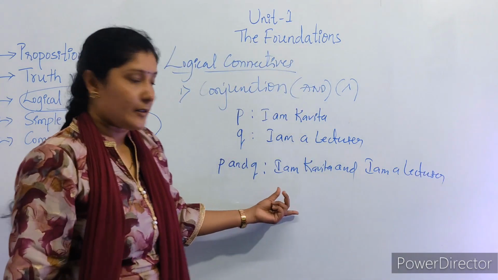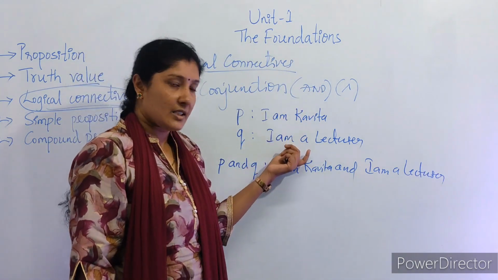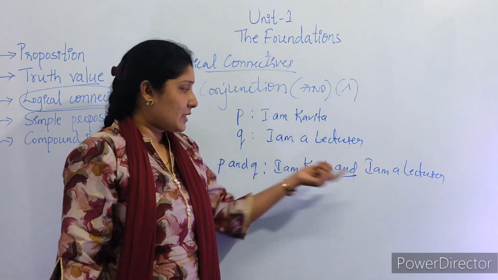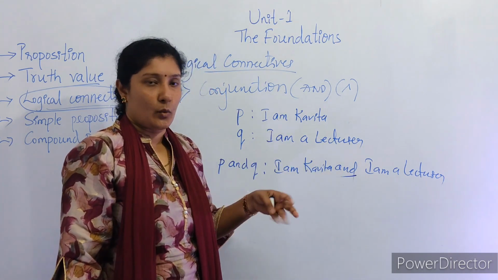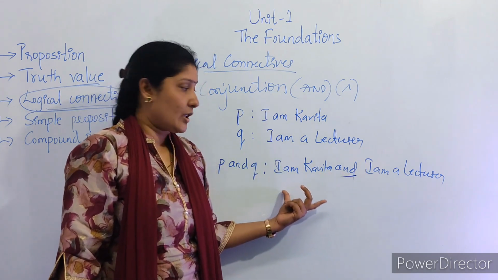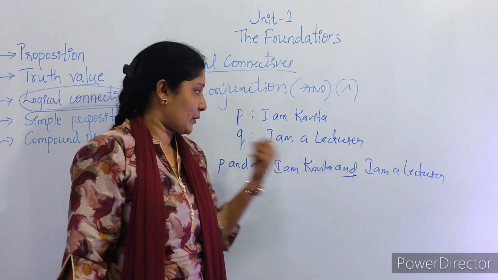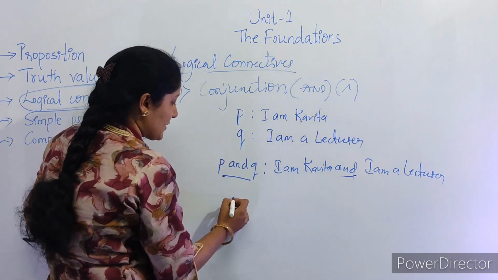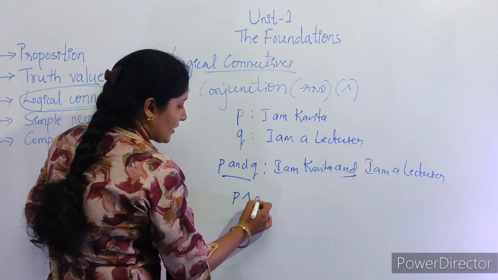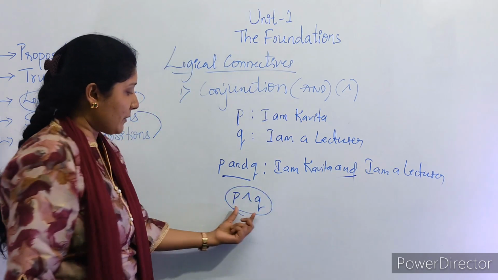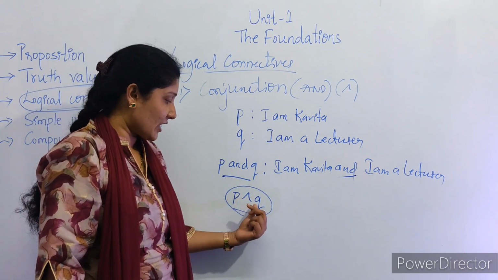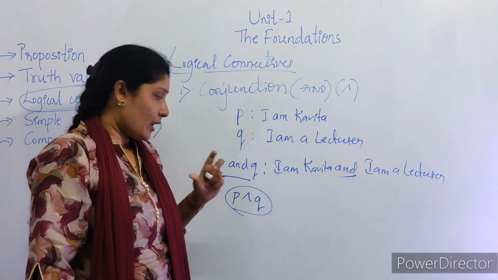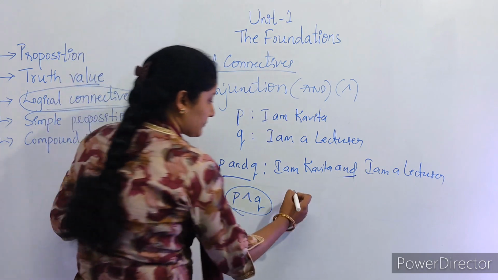So what I have done here, I have taken two different statements and I have combined both the statements using the word and. So this is called as logical connective, which connects two statements, two sentences, or you can say two propositions. Okay. So here the symbol, if I use, then it becomes P conjunction Q. So the meaning of this is P conjunction Q, or in general we can call it as P and Q. Now coming to its truth table.